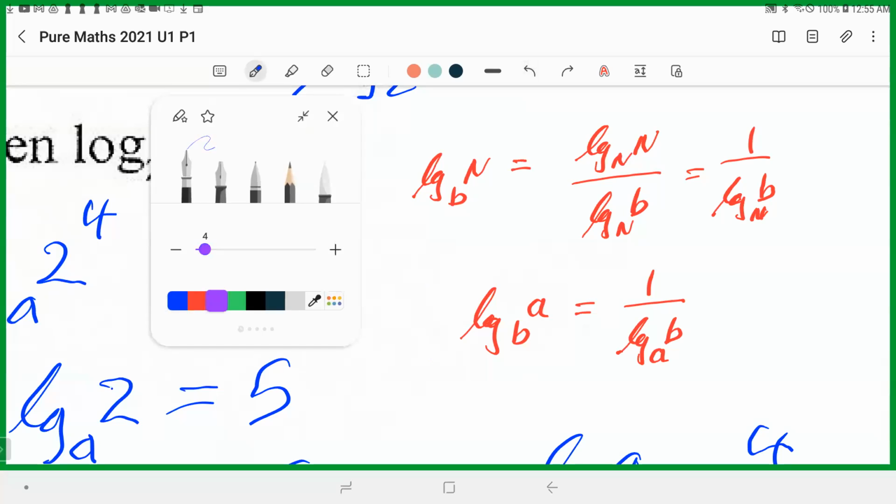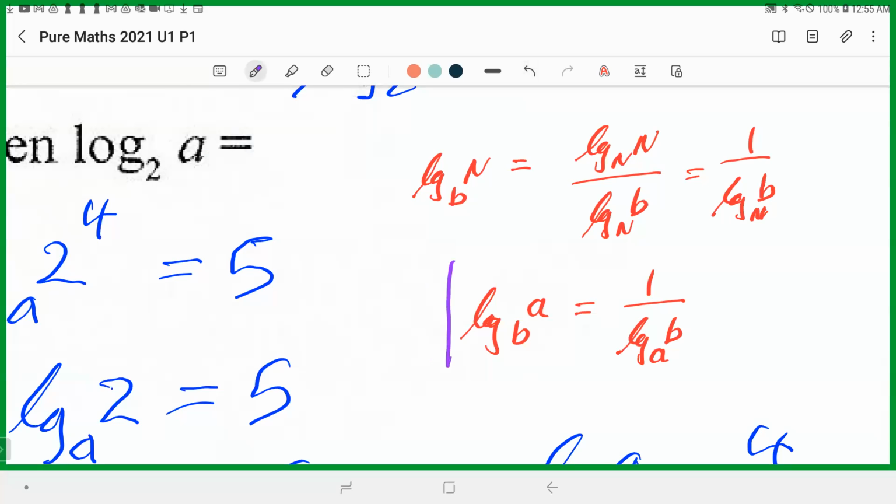The more things you have in your head, the easier mathematics is: identities, rules, laws, formulae.